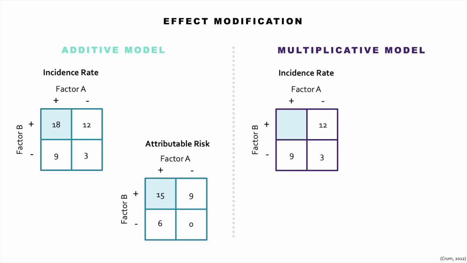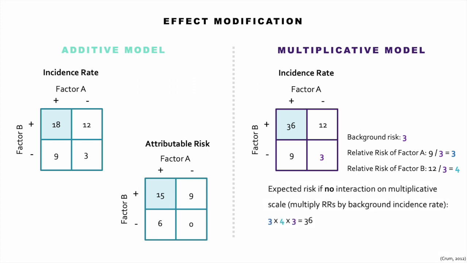To assess for interaction on the multiplicative scale, we divide the effect of each factor alone by the background risk, then we multiply the relative risk of each factor by the background risk. In this case, we divide the incidence rate of 9 contributed by factor A by the background risk of 3 to get 3. Then we divide the incidence rate contributed by factor B of 12 by the background risk of 3 to get 4.